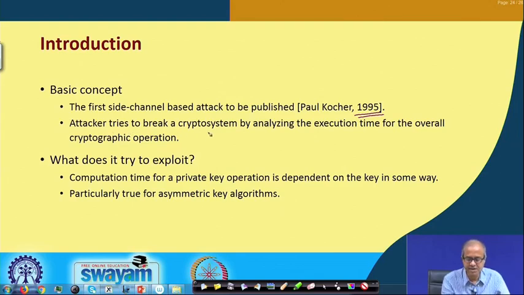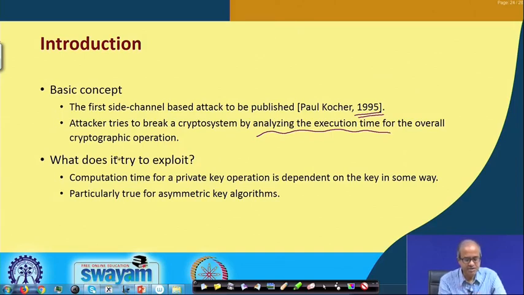Attacker tries to break a crypto system by analyzing the execution time. Suppose I somehow can tell that, well, now an encryption process is starting and here it is ending. So, how much time it is taking? If I can find that out and if I can measure it, that time can give you some very important information. Well, here I shall give an example.